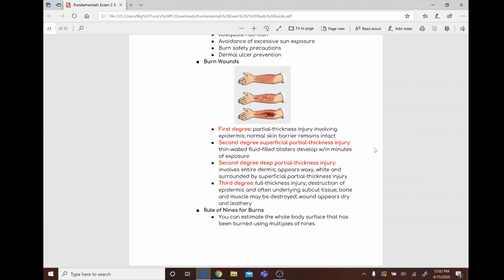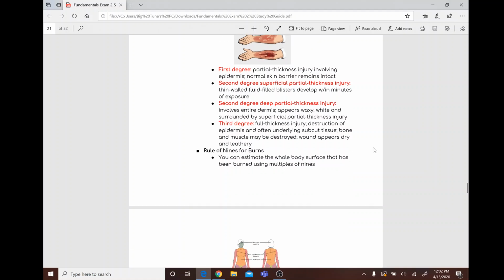Thin-walled, fluid-filled blisters develop within minutes of exposure. What is a second-degree deep partial thickness injury? Involves entire dermis, appears waxy, white, and surrounded by superficial partial thickness injury.